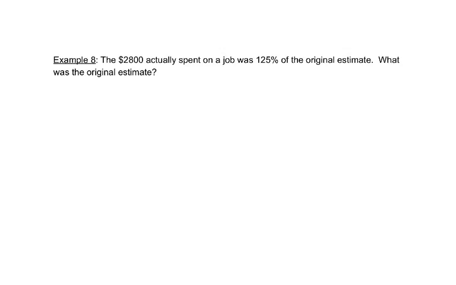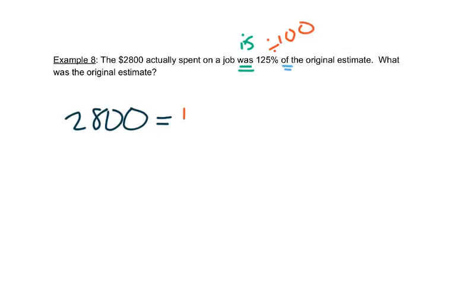$2,800 actually spent on the job was 125% of the original estimate. So this right here is really the same thing as "is," and here's our "of." So we have 2,800 is, now this percent we need to change, so we'll put 1.25 of, multiply the original estimate.